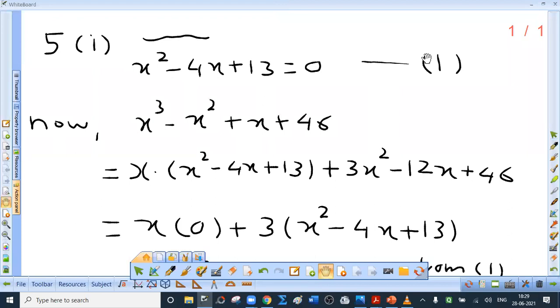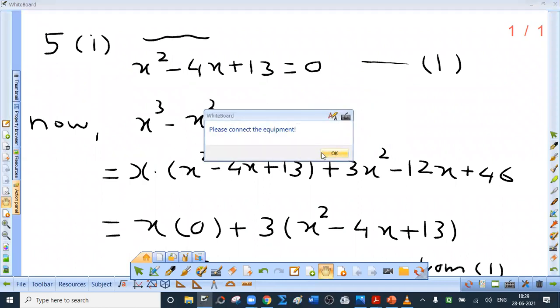So in the shortcut method, till x square minus 4x plus 13 equal to 0, it is the same. Basically, this is division only, but it is called indirect division. We know that in direct division the quotient is x plus 3. See, this is x cube. So I write x into what? I am not saying taking x common. X into what?